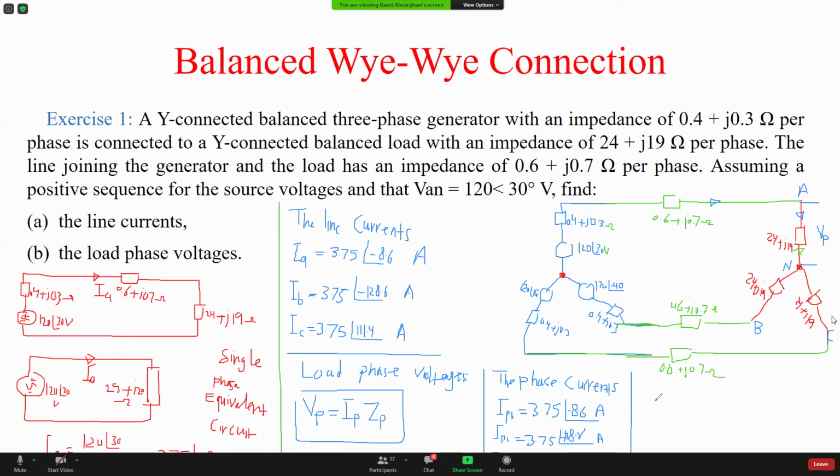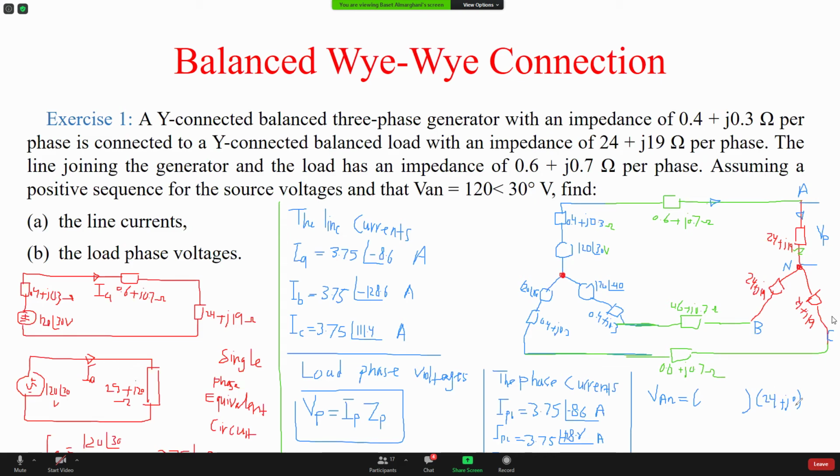So now V phase AN, I'm gonna take this current multiplied by the impedance, which is 24 plus j19.